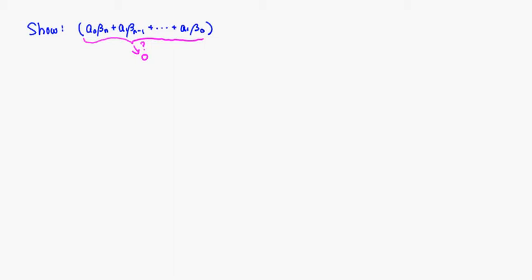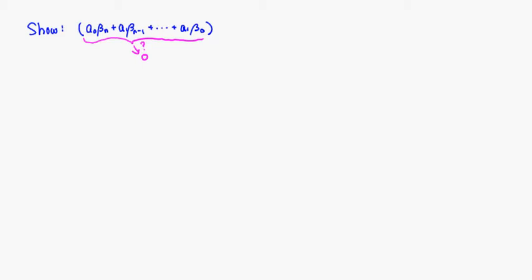Alright, so remember that beta n is the difference between the partial sum b_n and the sum b. Of course, since it's a convergent series, this beta n is going to approach 0.